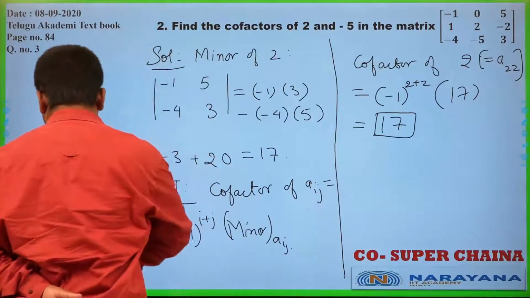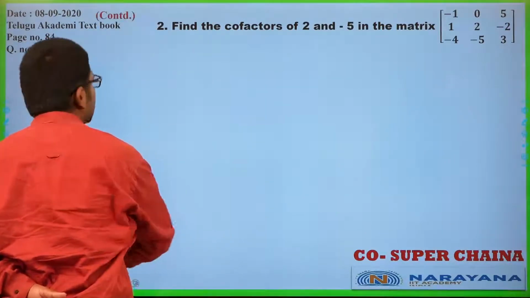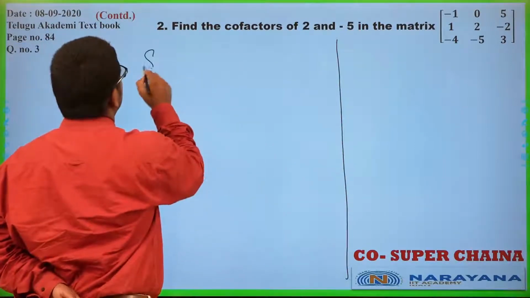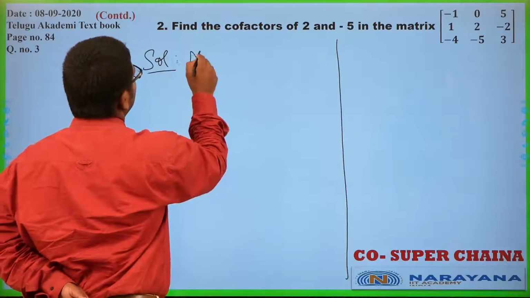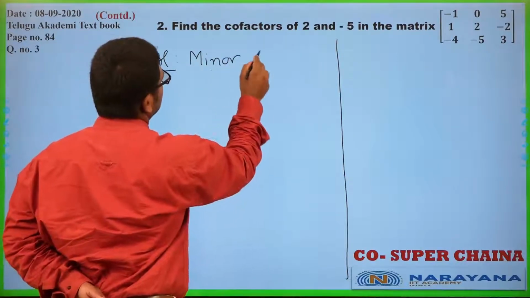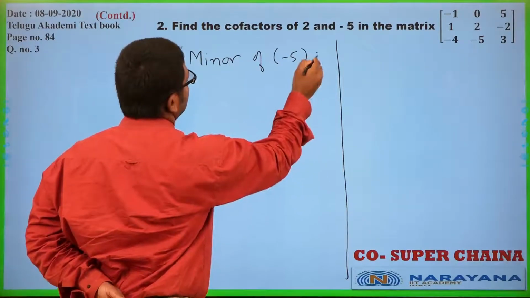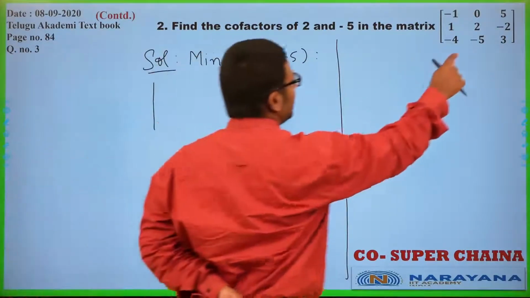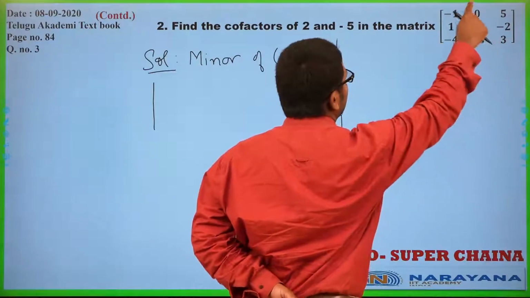Now let us look at -5. The minor of -5 would be the determinant. -5 is in the third row, second column.